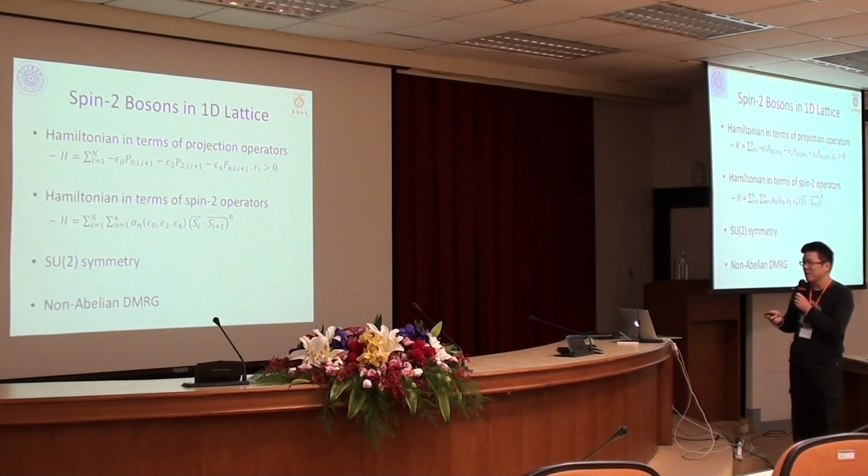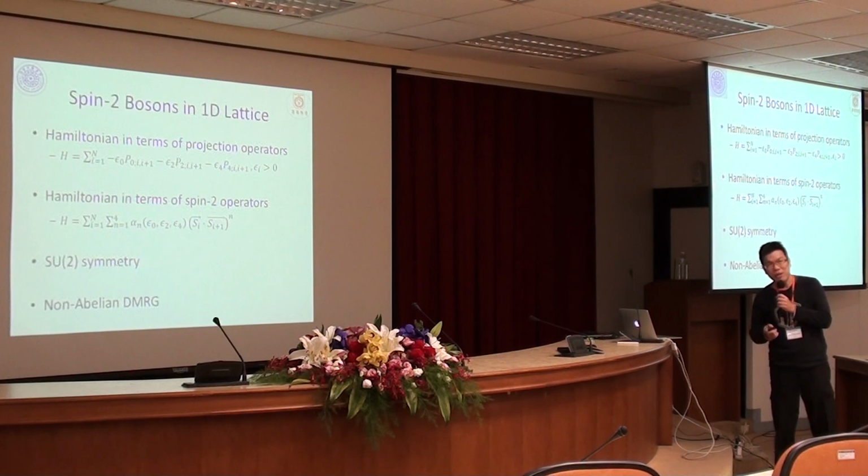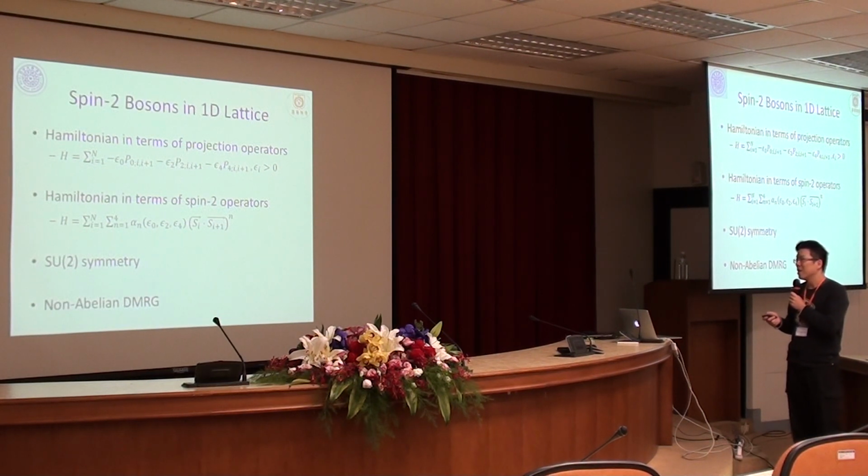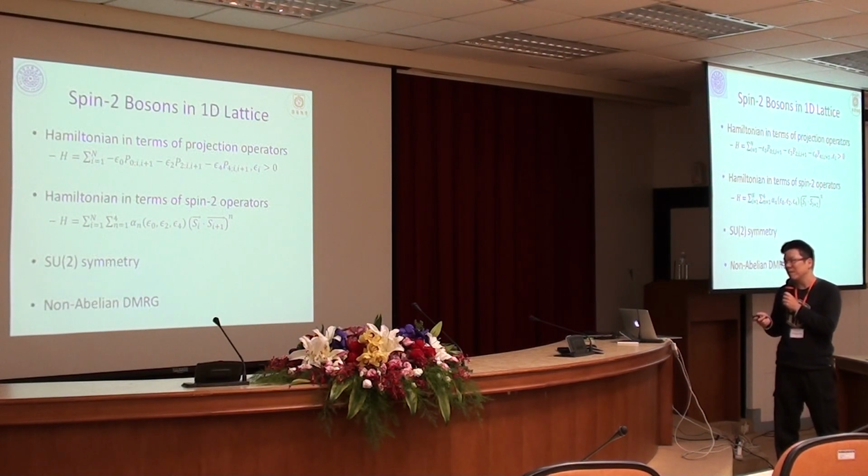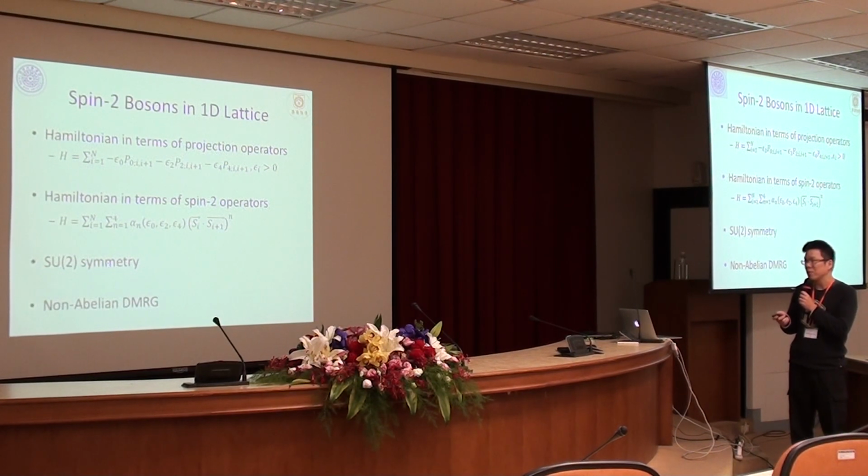So this Hamiltonian has a full SU2 symmetry, so we never break the SU2 symmetry. Okay. And for this reason, we are going to use the non-abelian DMRG, in which we keep the SU2 symmetry explicitly. Okay. The conventional DMRG doesn't preserve SU2 symmetry, but in this one, we basically preserve the SU2 symmetry.